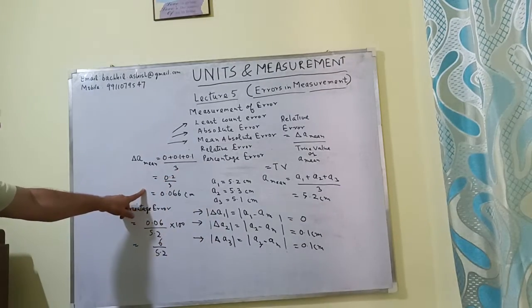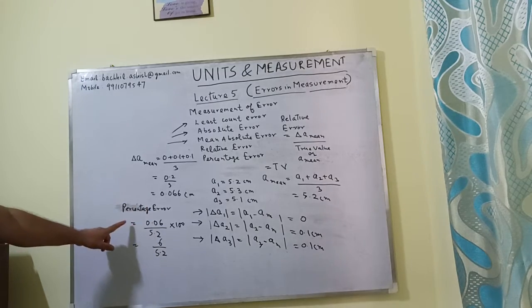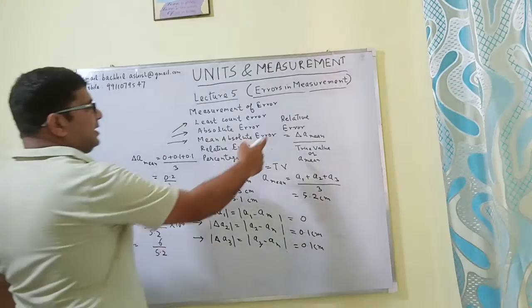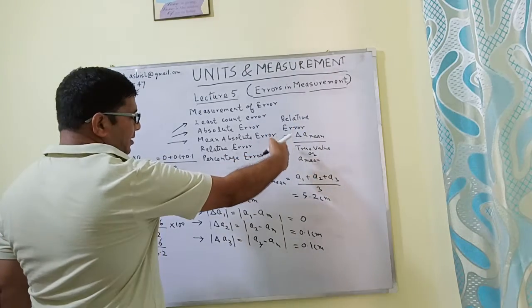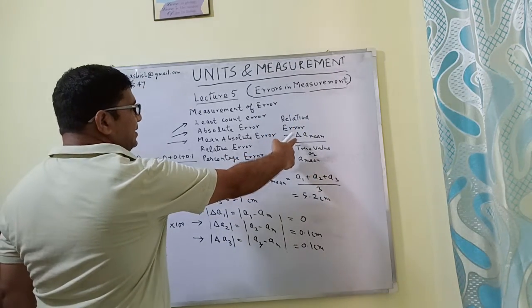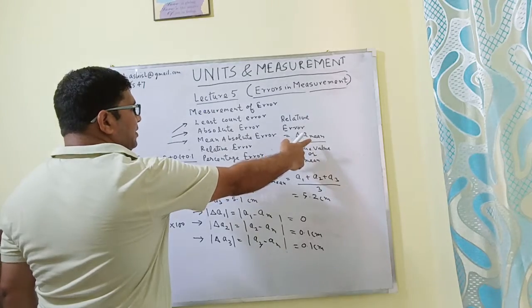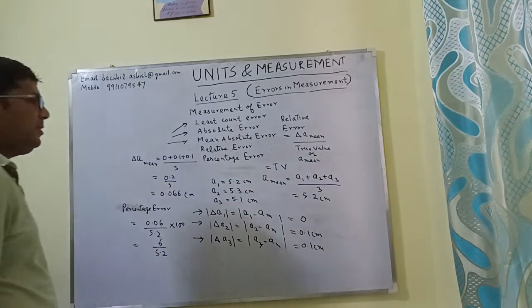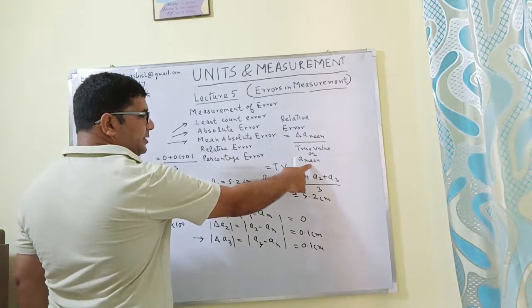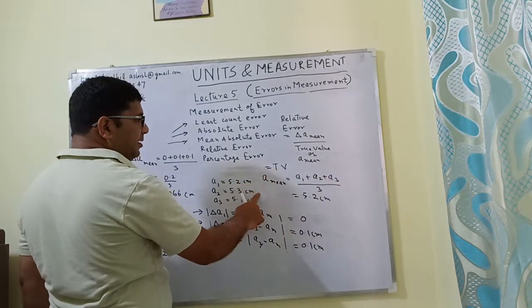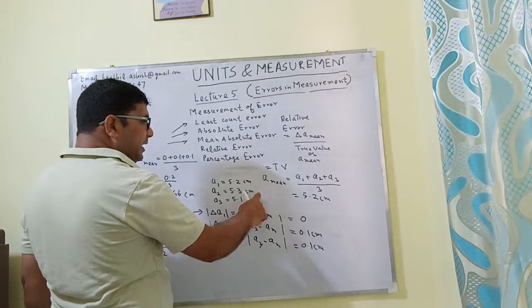So we have found the mean absolute error. Then the relative error can be found with the help of this formula, that is the mean absolute error divided by the true value or the mean value of the measured readings.